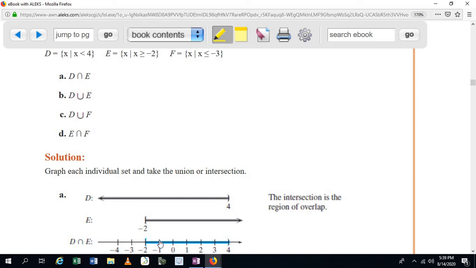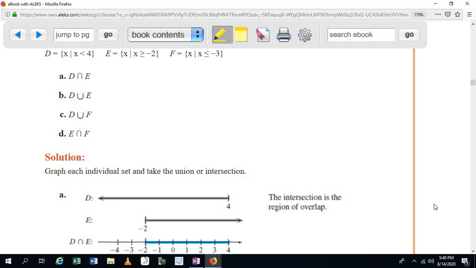And then you can see that they overlap all the way up until you get to 4. But 4 is not in this set up here. It's not included, and so it's not included in the overlap. It's not in common with both, and so it's not included in the intersection. So this should be a parentheses. Okay, so that's D intersect E.